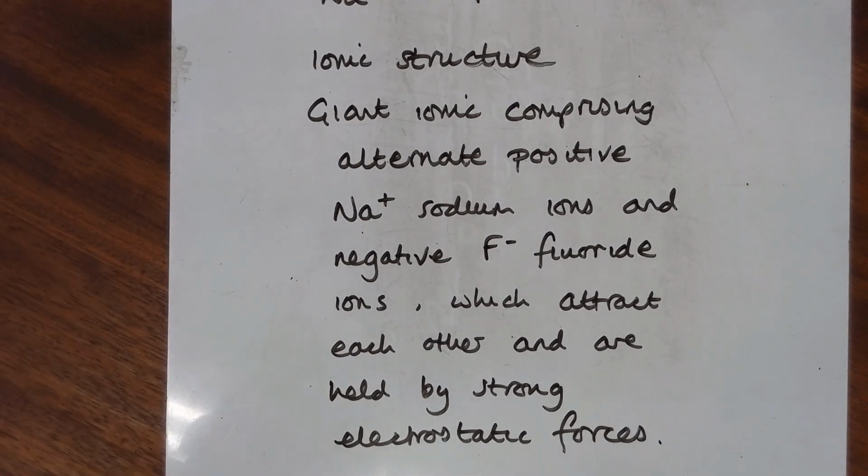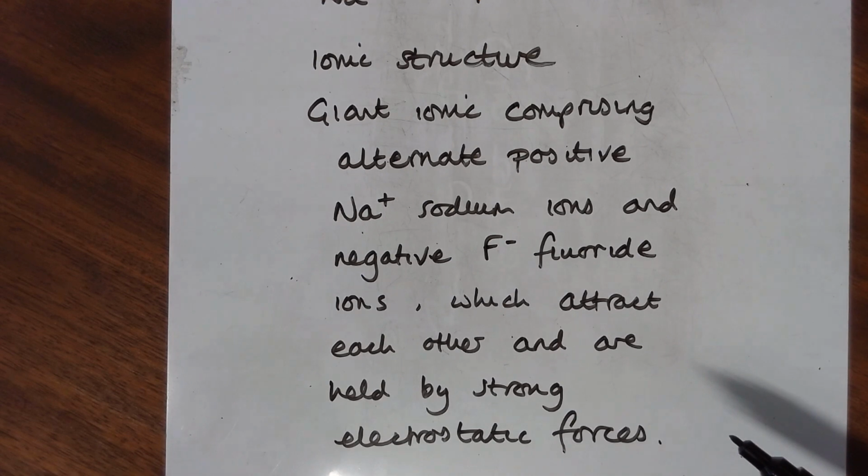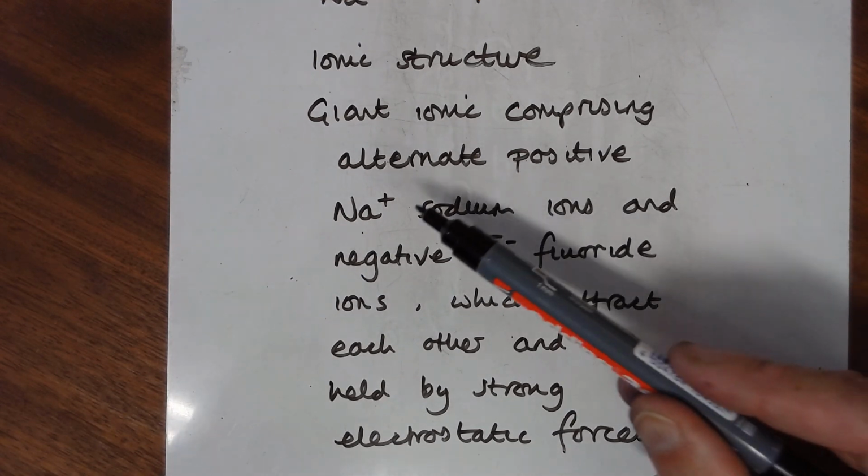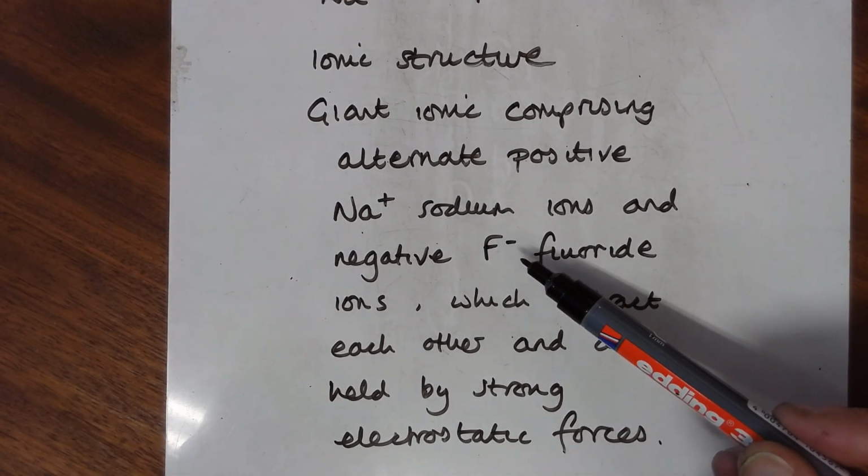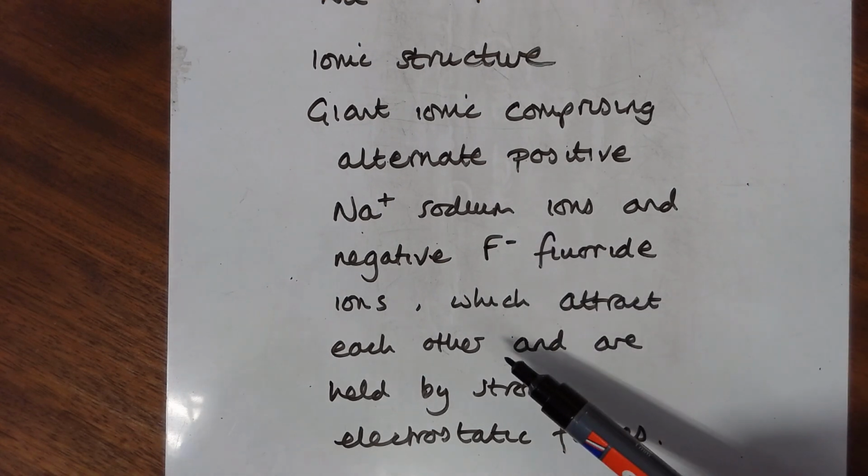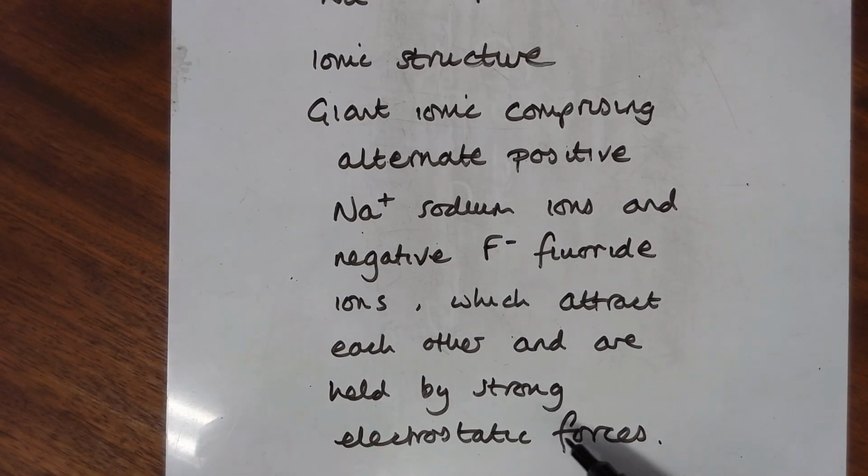There we go, and that's our answer. We've covered all the things we needed to do. We have named the ions. We've described how they are arranged and described why they are arranged like that. And we've described how sodium fluoride is formed.